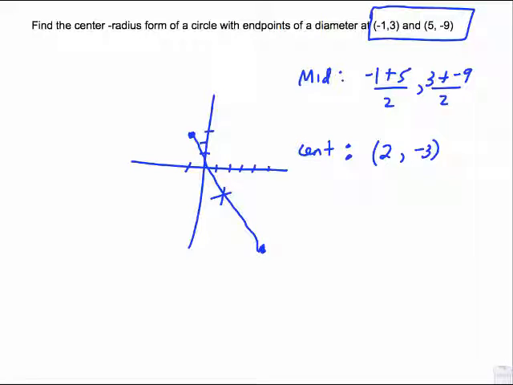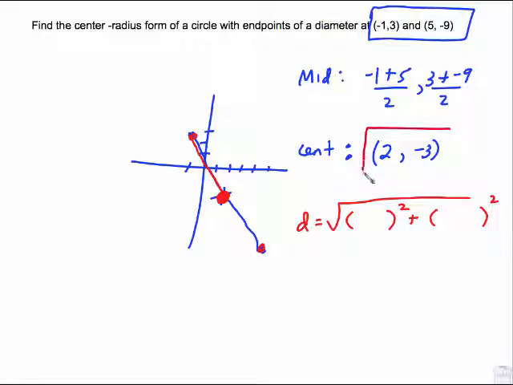I need to find the radius. The radius is the distance from my center out to either one of these points. I could use this one, or I could use this one. It doesn't matter. So I can do the distance formula again. It's going to be the difference between the x's squared, the difference between the y squared. So I will use this and this. I could use this one too. I'm just using the first one because it's the first one.